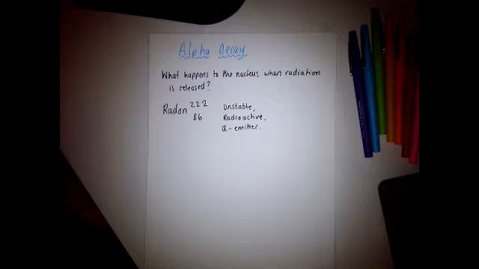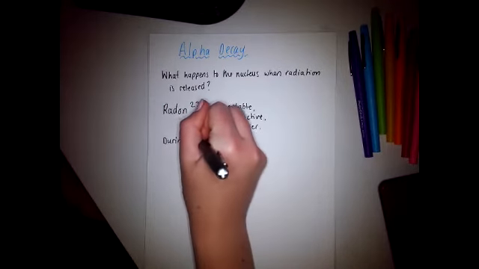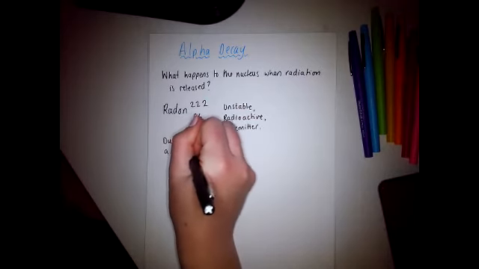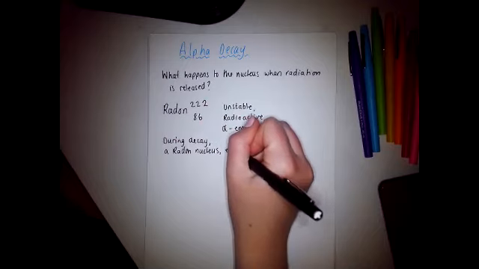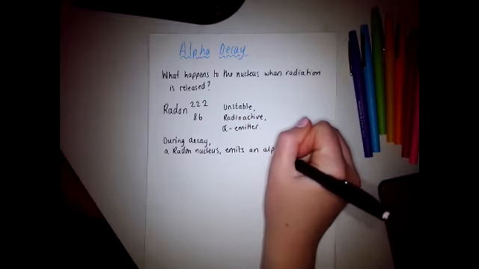Whenever it decays, it releases an alpha particle, and that alpha particle comes from its nucleus. So during decay, a radon nucleus emits an alpha particle.